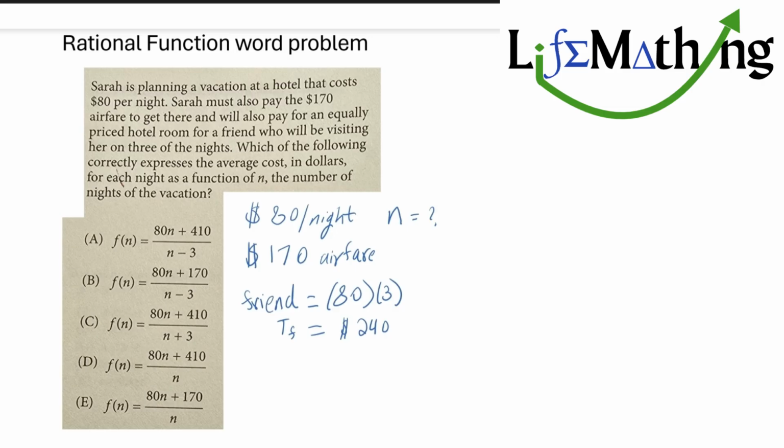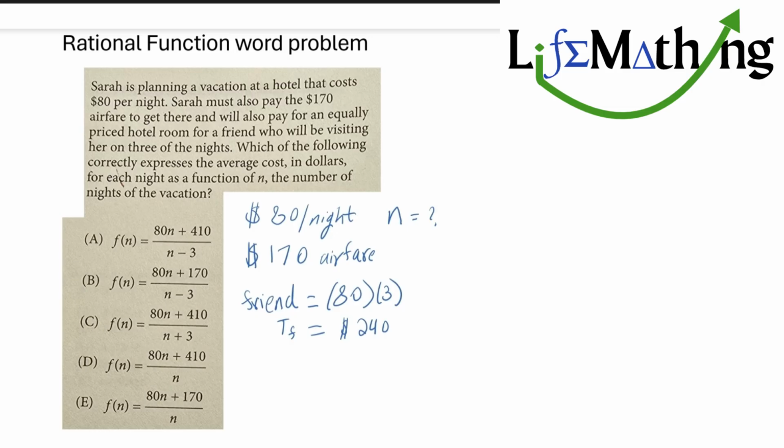To continue the problem, it says, which of the following correctly expresses the average cost in dollars for each night as a function of n, the number of nights of the vacation. So n stands for the number of nights she's staying for the vacation. They're asking you, what's the average price she has to spend for the time that she's going to stay?